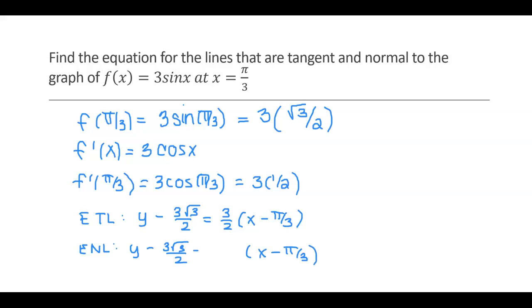Your only change is the slope becomes the opposite reciprocal. So again, the derivative having a positive slope at pi thirds tells me that the graph was increasing on the original.